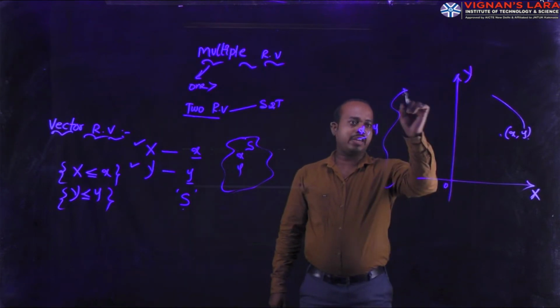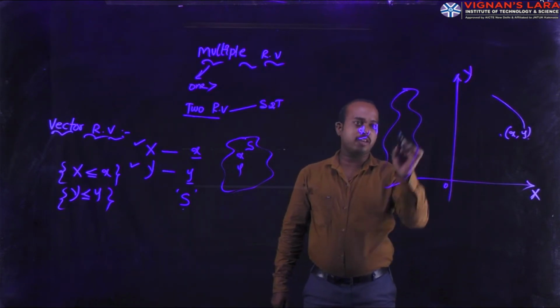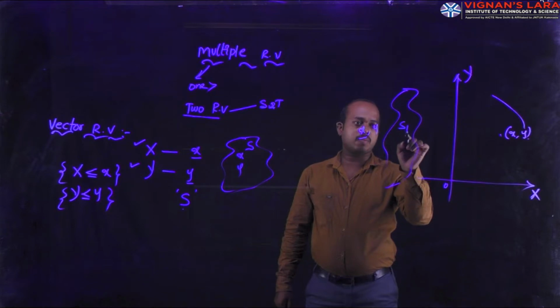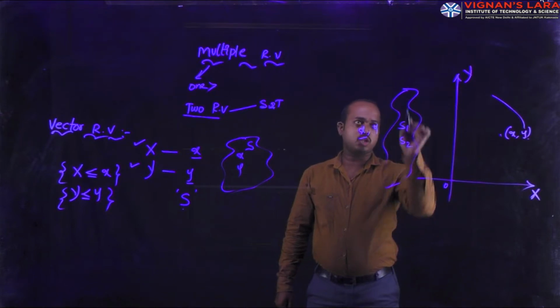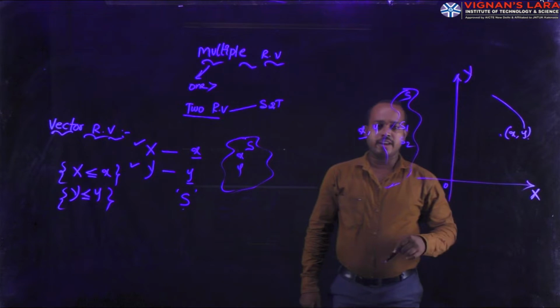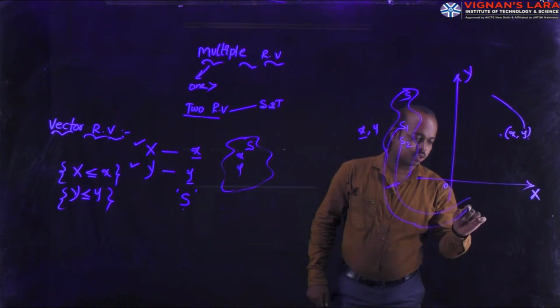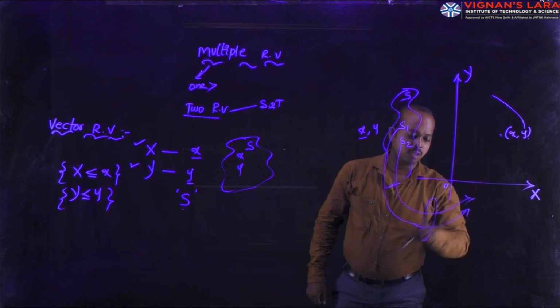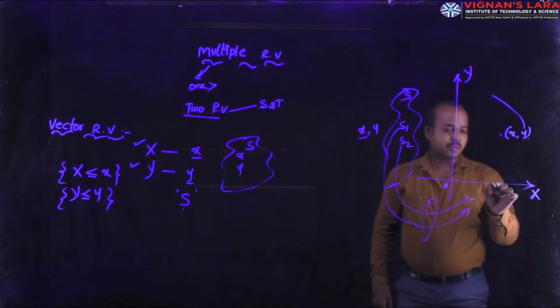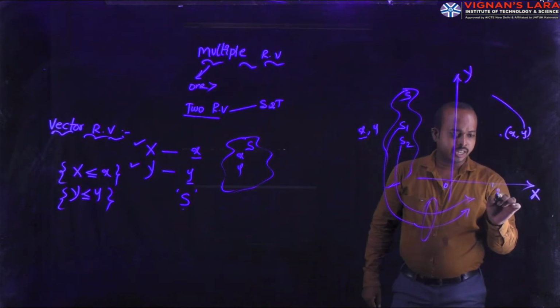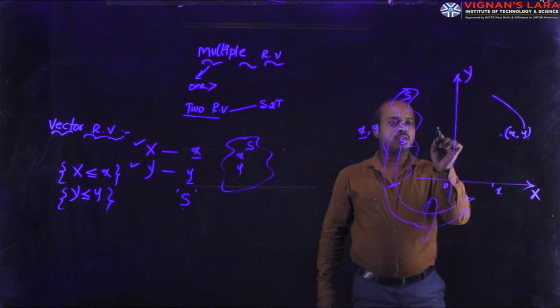For the events small x and small y, the sample spaces are S1 and S2, and these two lie in S. These values I pass to the xy plane, the first one being x and the second one y.